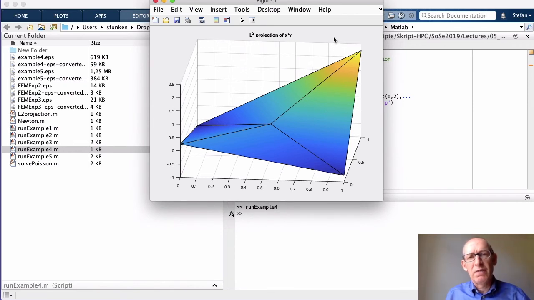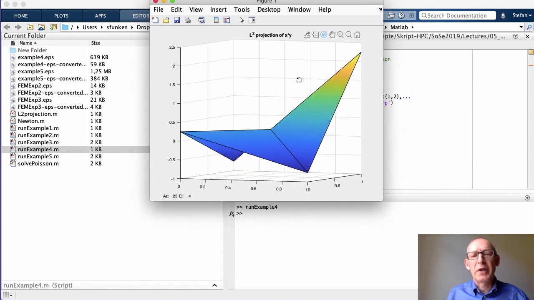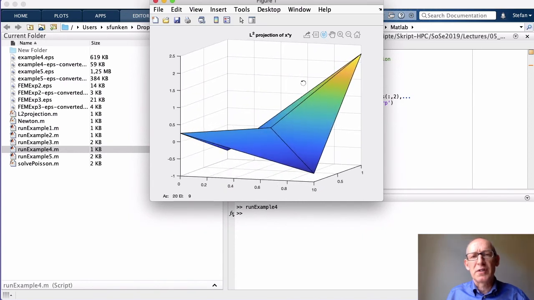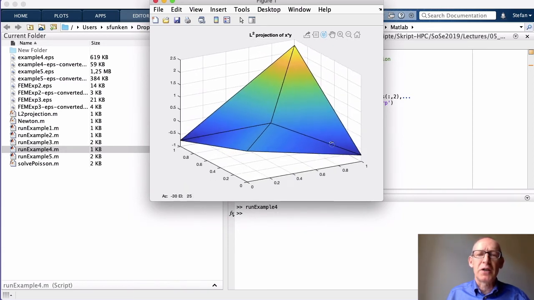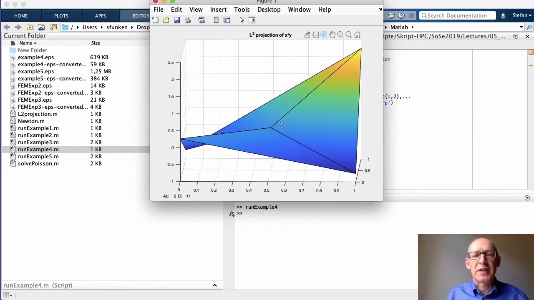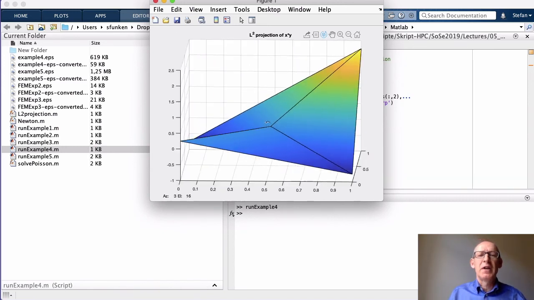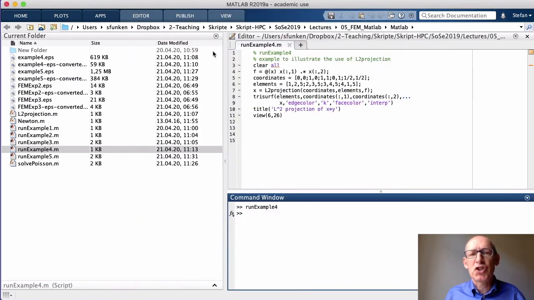So very coarse, of course, and we would expect that the solution is similar to x times y. There's some kind of symmetry, but here we're far away from the exact value, and here we are far away. Therefore, we run this example with a finer mesh.